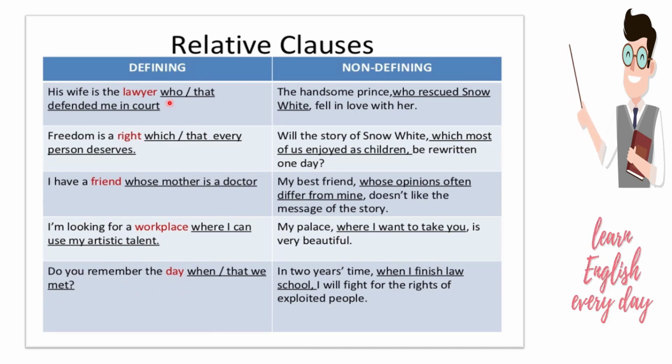So the underlined expressions are very necessary, quite essential to give information to the red words like lawyer, right, friend, workplace, and day. But here the underlined expressions are non-defining with commas. You can see a comma after prince, after white, after friend, after place, after time. Why? Because the underlined expressions are just extra information, not quite necessary for these relative clauses.